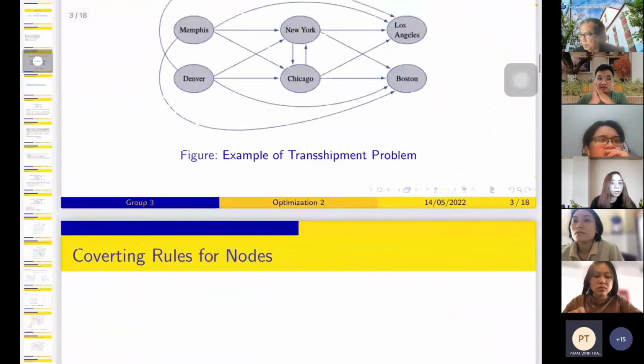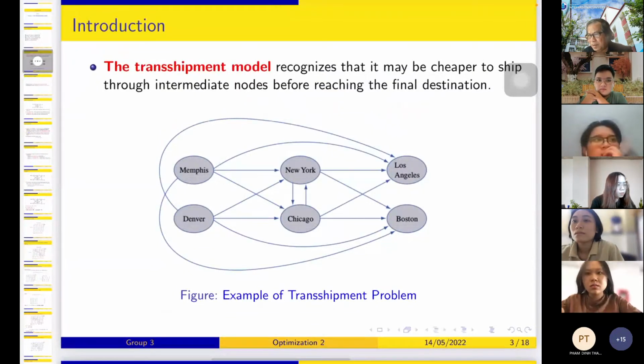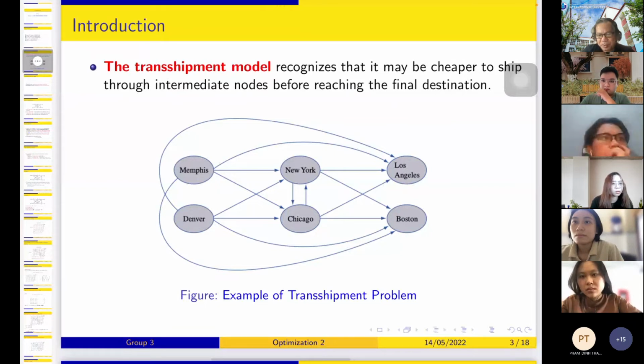So just a moment. The aim is to transfer things from the two cities, Denver and Memphis, to Los Angeles and Boston. The aim is to transfer all from the first two cities to the last cities, or what? What is the aim?